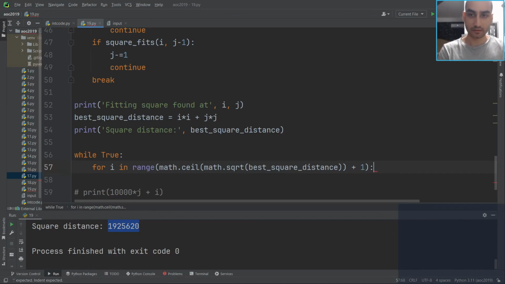That's the absolute maximum value of i we can allow, because anything bigger than that is guaranteed to have a further square distance.